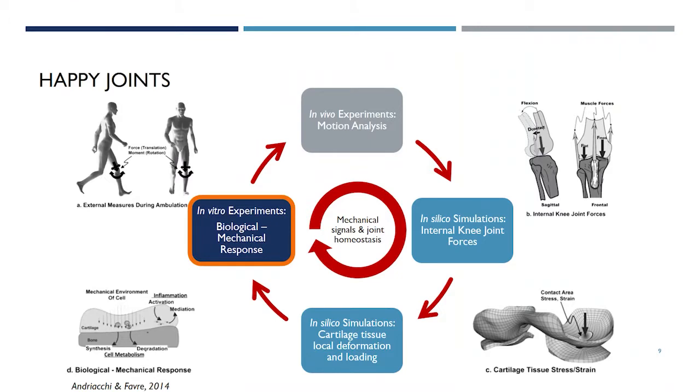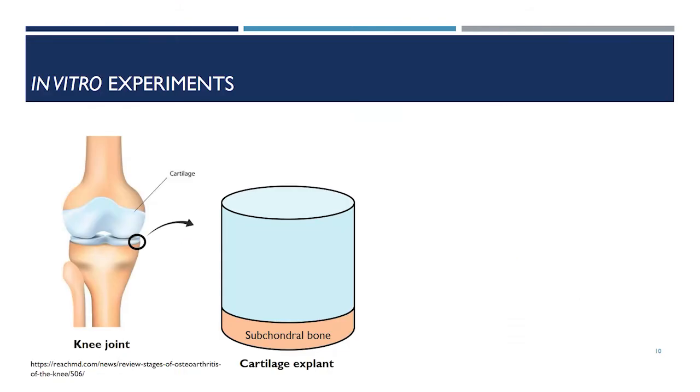First, I briefly present our in vitro experiments and results. In our in vitro experiments, we load in a controlled manner cell-seeded constructs and explants. For this, we retrieve cartilage plugs from the knee joint and harvest the chondrocytes.